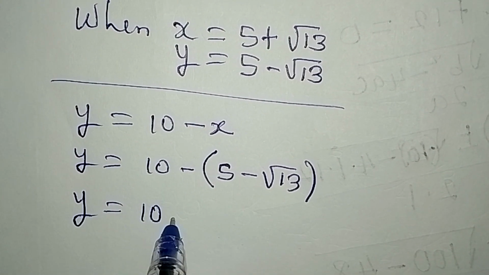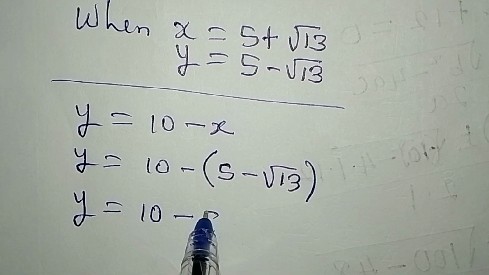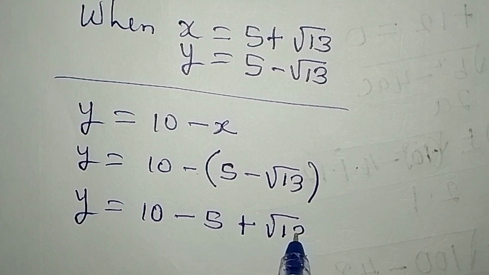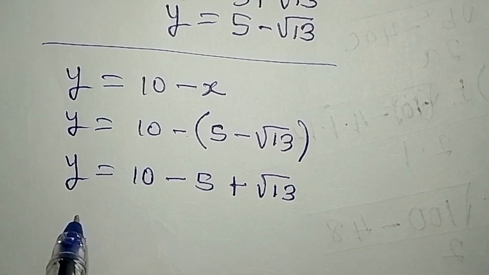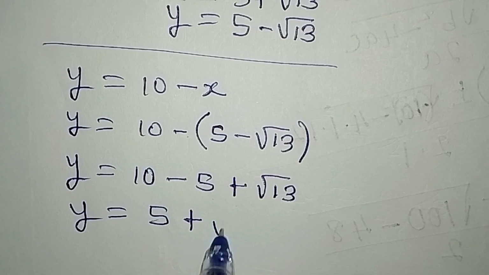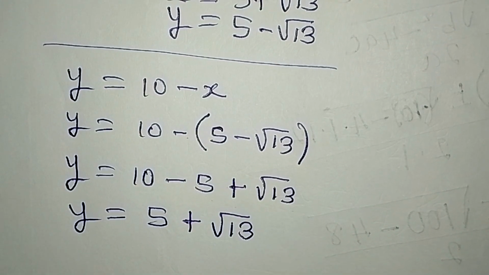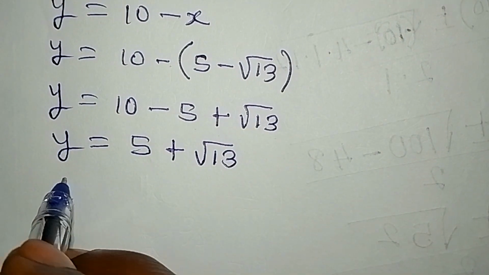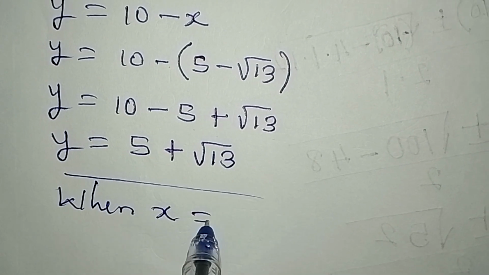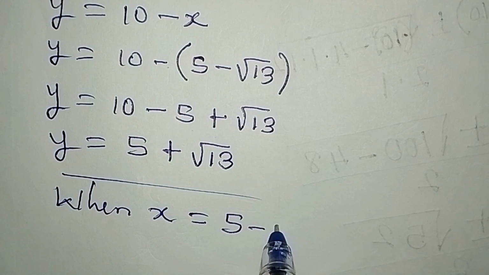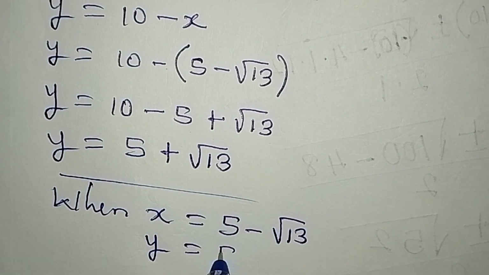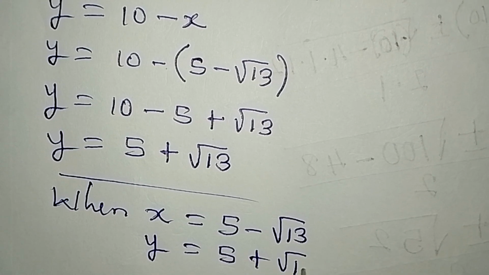We have 10 minus 5. Minus minus will give positive. Then we have root 13. So we have y equal to 5 plus root 13. And that is it. So we are saying that when x is equal to 5 minus root 13, y is equal to 5 plus root 13.